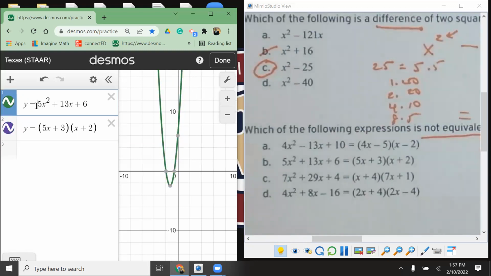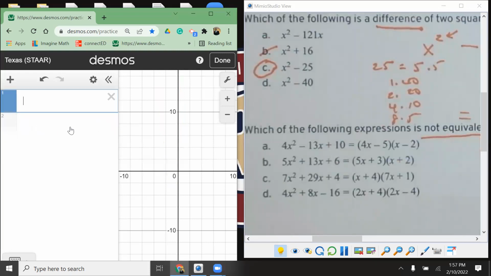And there we go. So let's look at it. There's the green, there's the purple. So those are equal. Again, we're looking for the one that says not equal. So we're going to get rid of that one. Now we're going to try the next one. If this one is not it, if this one's equal, then we know that it's got to be D. All right, so we're going to try this one.